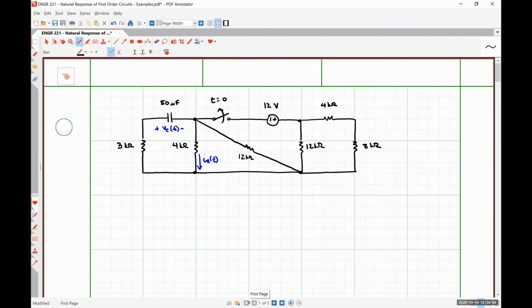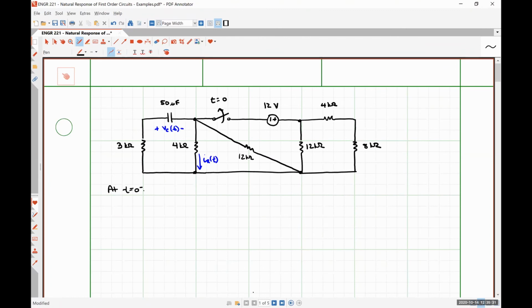There we go. So we're making the assumption that the switch has been closed for a very, very long time, such that any time-varying transient signals have decayed to 0, and then we are opening that switch, which causes the circuit to abruptly shift from a DC steady state condition into a transient condition. Transient just means things are changing.